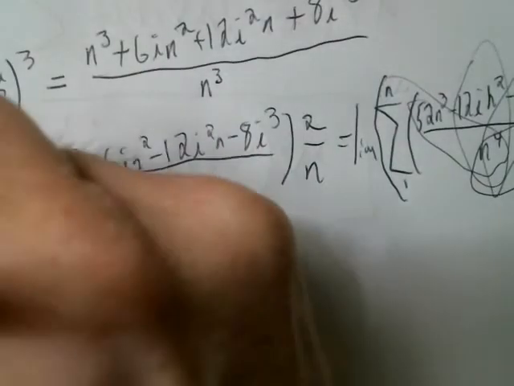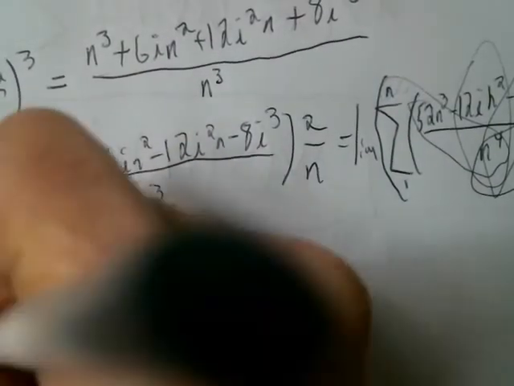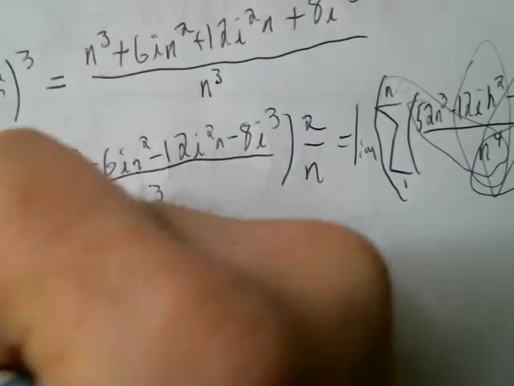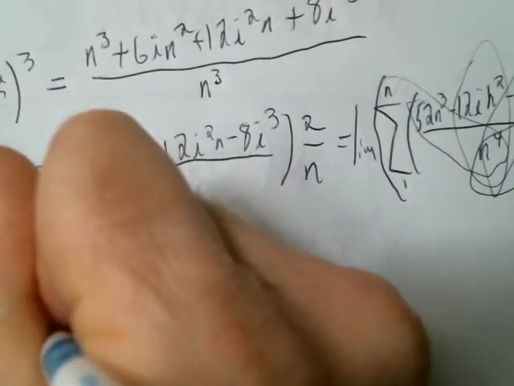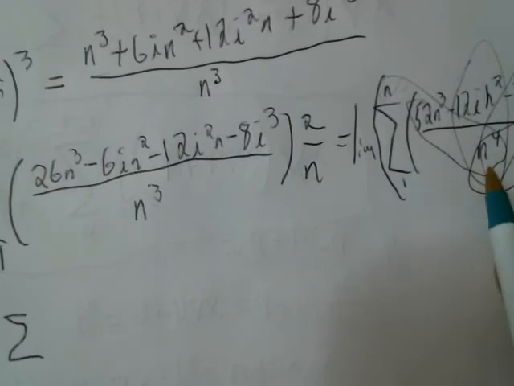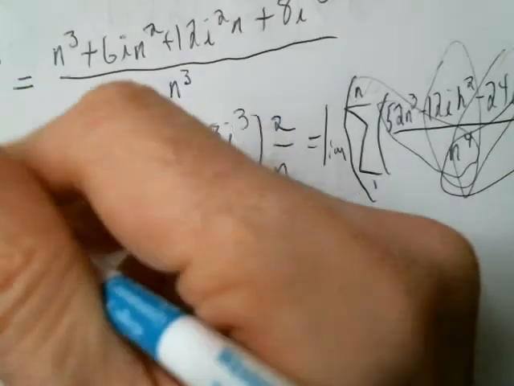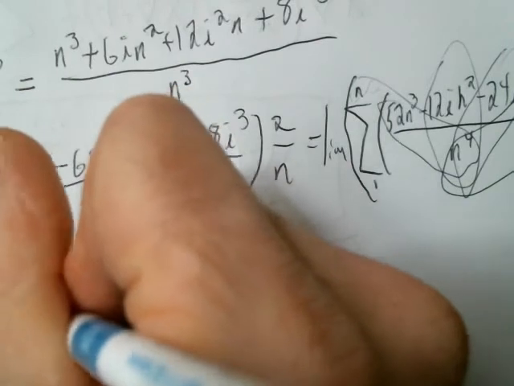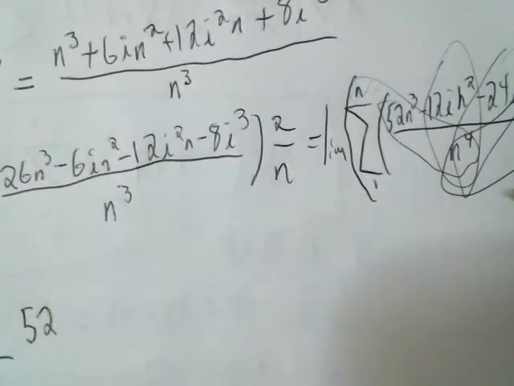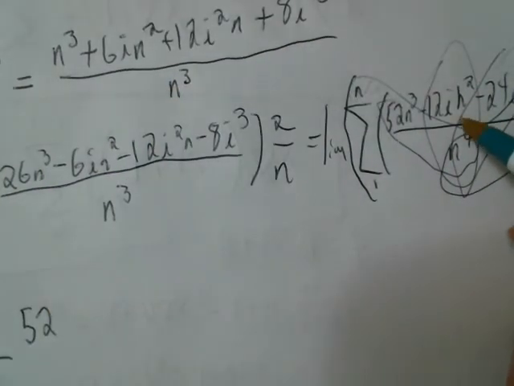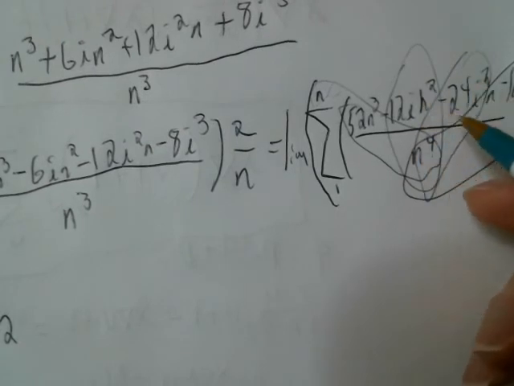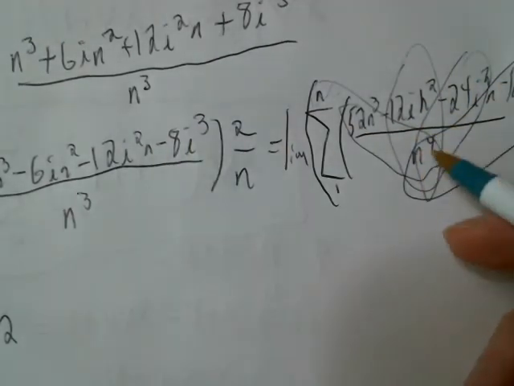I'm going to split it up so I have the limit as n goes to infinity of these sums. The first sum will be 52n cubed over n to the fourth, so that will just be 52. Then I'm going to factor out any constants. Maybe I shouldn't do too much at once, so let me not.